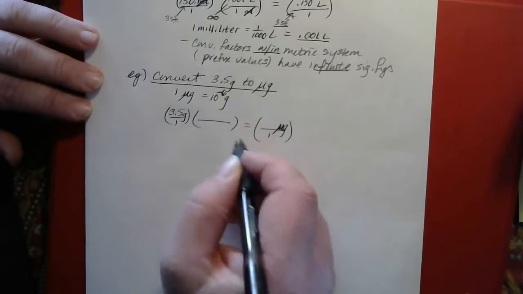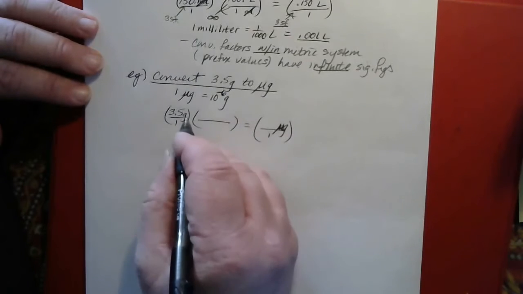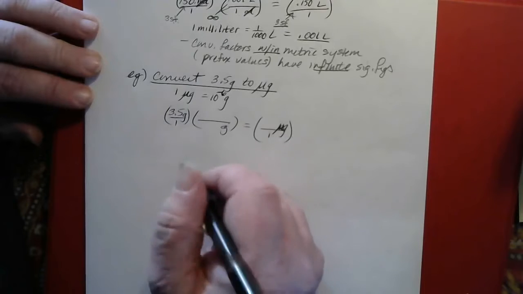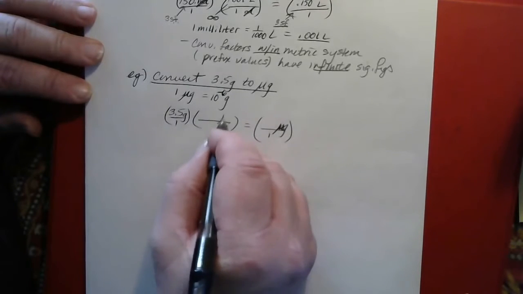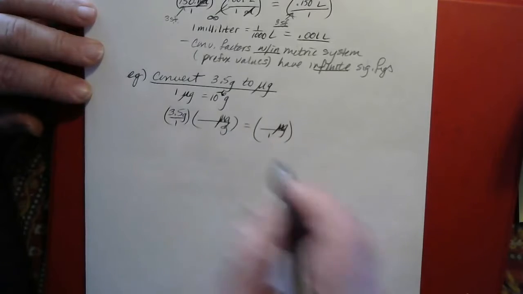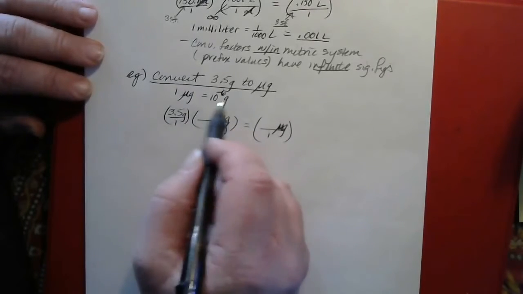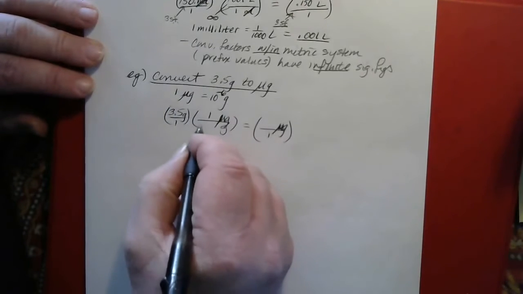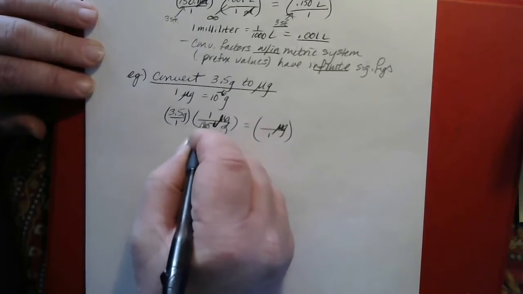So what we're going to need in conversion factor is to get rid of grams. Grams are on the top to begin with, so we want grams in the denominator in the conversion factor, and we want to end up with micrograms for the answer, so we want that on top in the conversion factor. And our relationship tells us that we have 1 microgram for every 10 to the minus 6 grams.